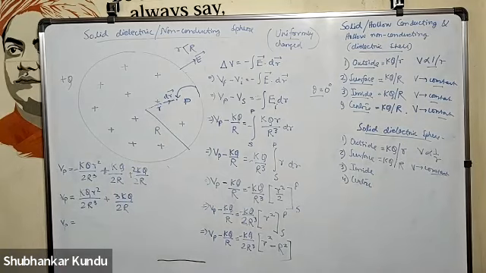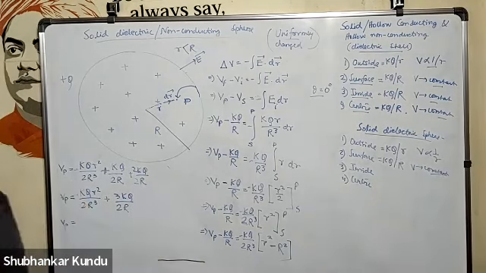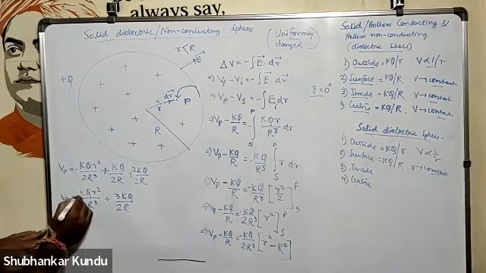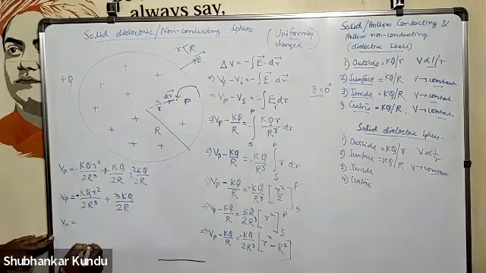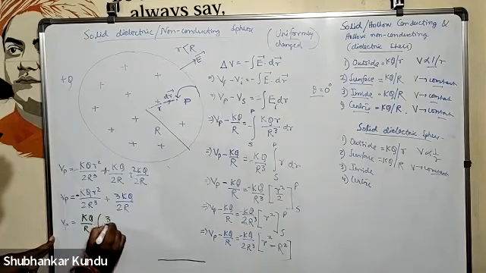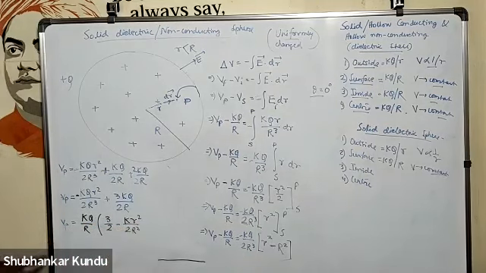Is there still any kind of mistake in the expression? Yes, this is my negative. This marker is not working. It's my mistake. This is negative. So let me take common from here KQ upon R, and the expression will be 3 by 2 minus Kr square upon 2R square.